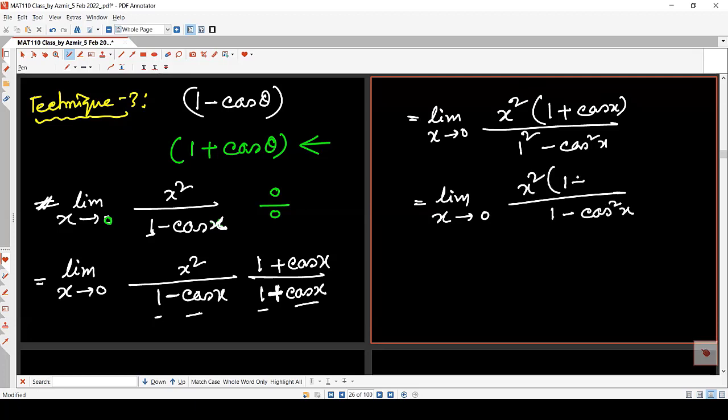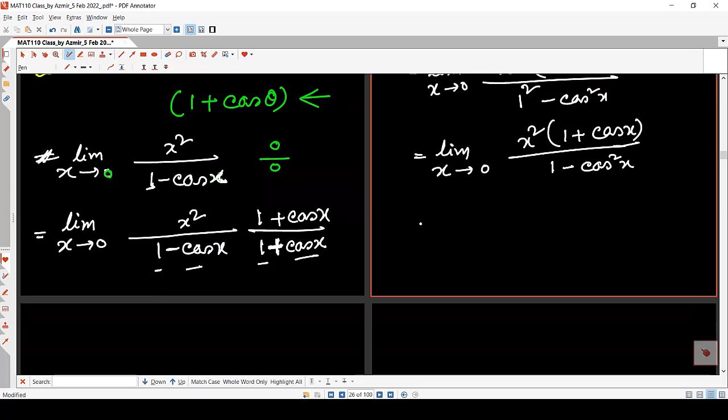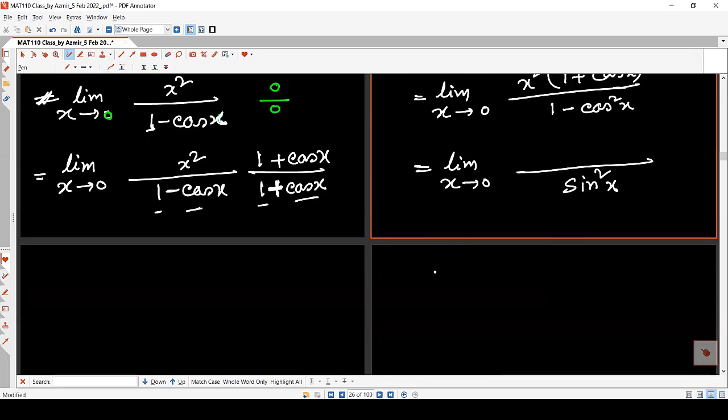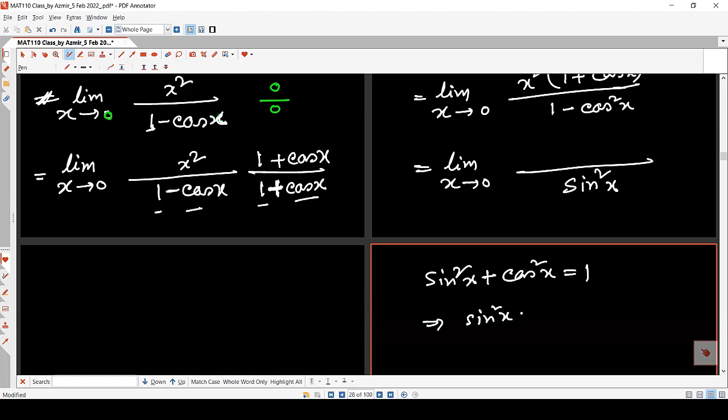Now what can we write? 1 negative cosine squared x can be written as sine squared of x, because we know there is an identity: sine squared x plus cosine squared x equals 1. So sine squared x will be 1 negative cosine squared x.